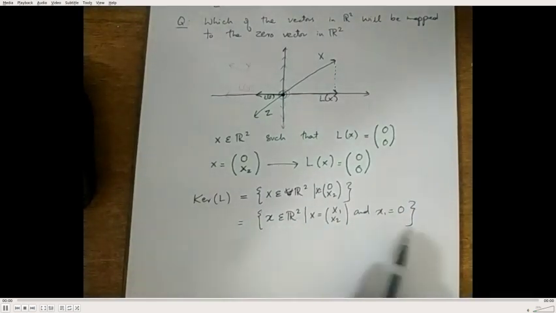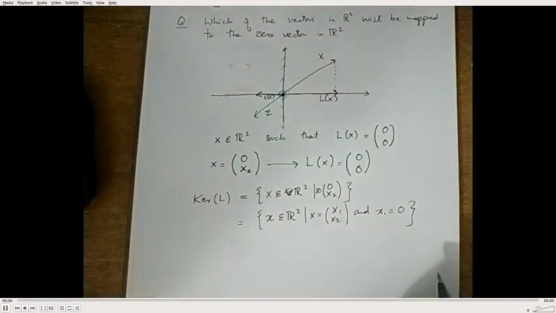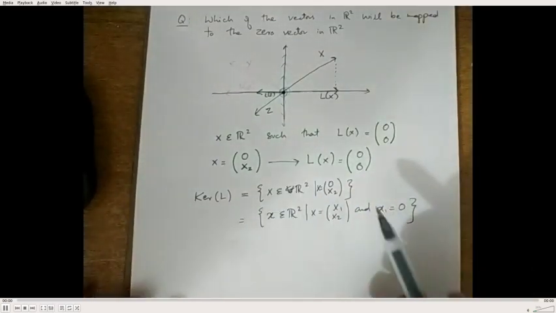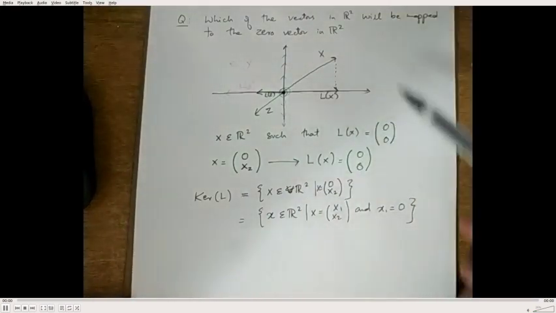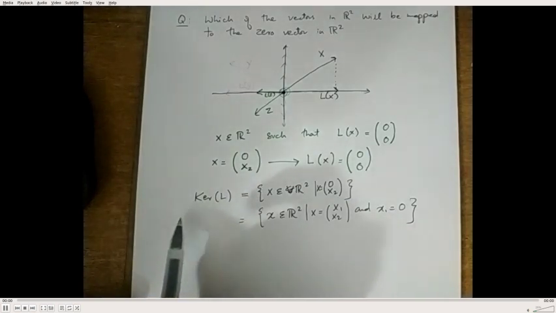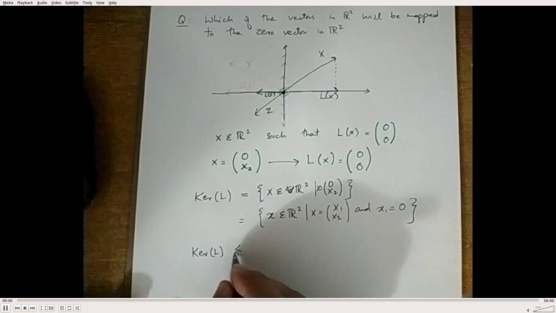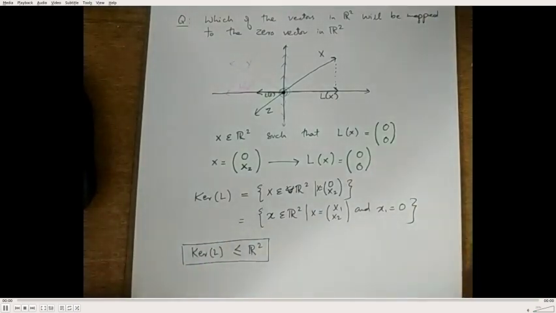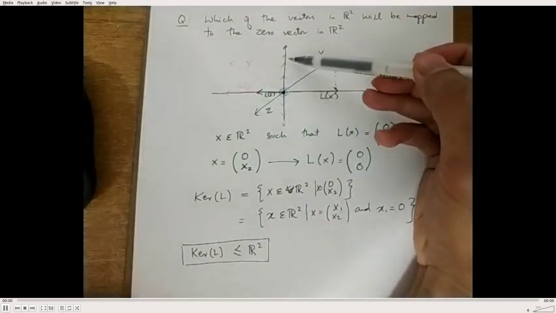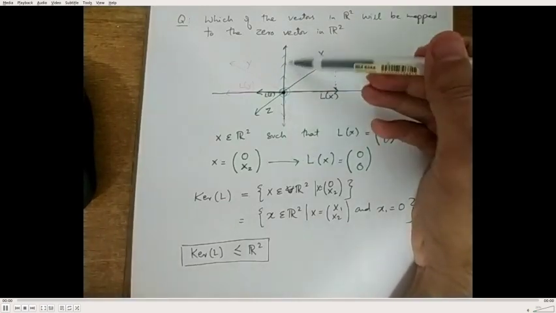Of course, this is an infinite collection. The kernel space is an infinite collection, and what this is telling me is that all the vectors in this space form a subspace, because I already have a theorem that tells me that the kernel space is a subspace of R2. And so all of the vectors that lie on this vertical axis, if you take a collection of them, you get a subspace of R2.